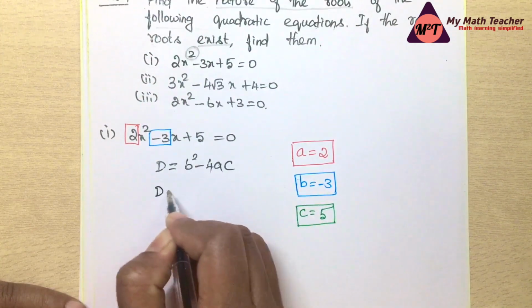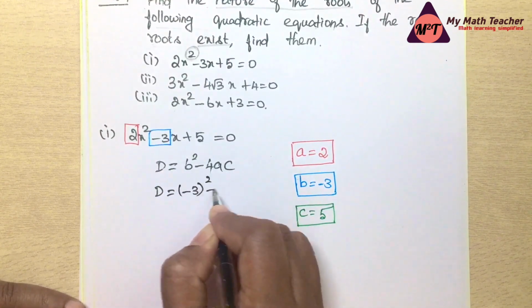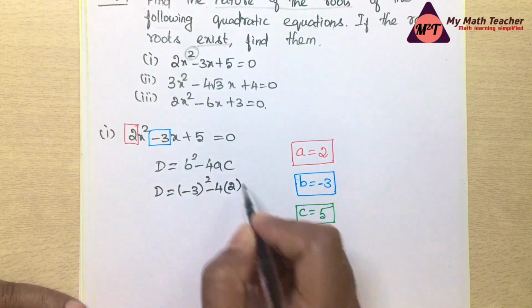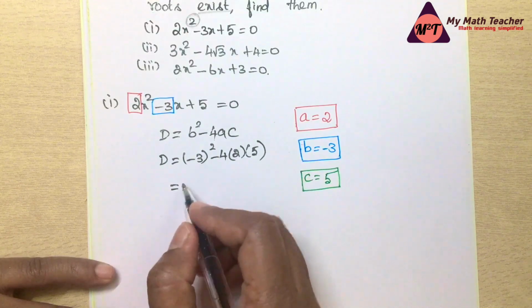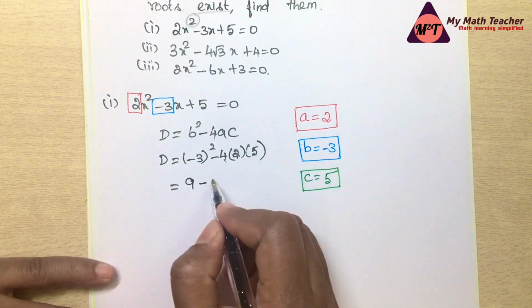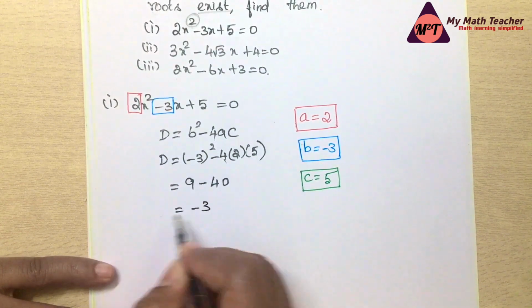Now let us apply it in the formula. D is equal to b square, which is minus 3 square, minus 4 into a is 2 and c here is 5. Let's simplify this. Minus 3 square is 9, minus 4 2s are 8, 8 5s are 40. 9 minus 40 is minus 31.